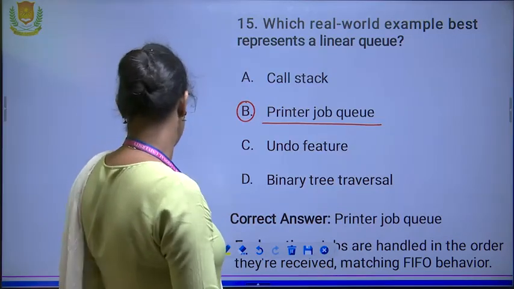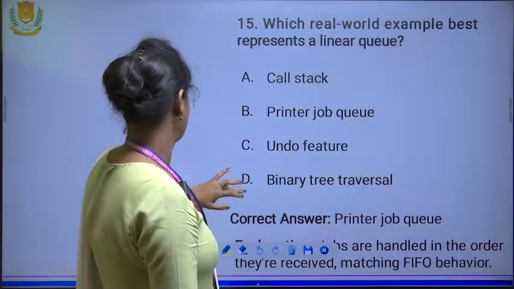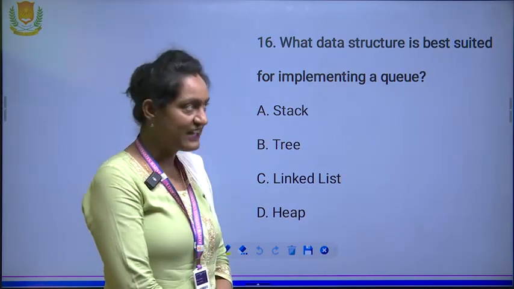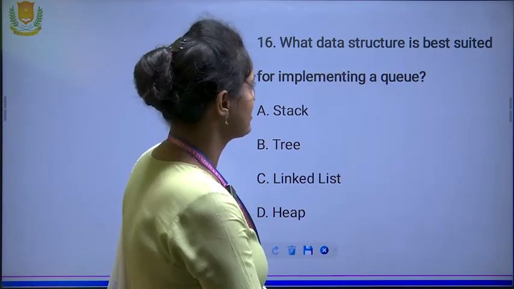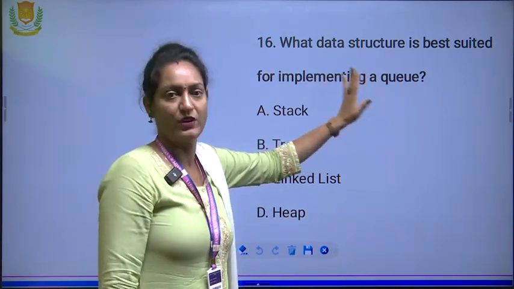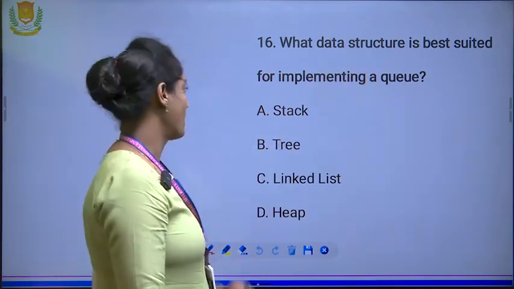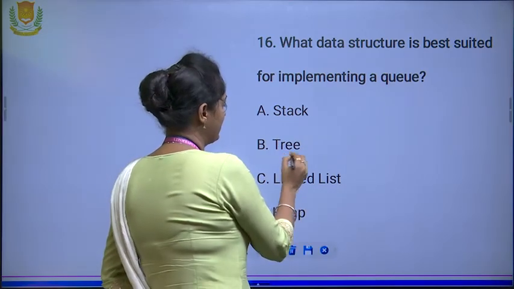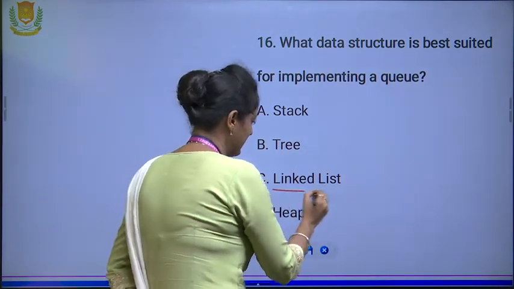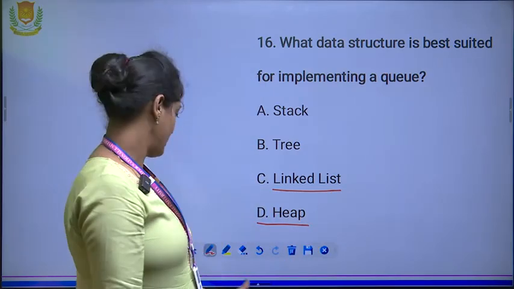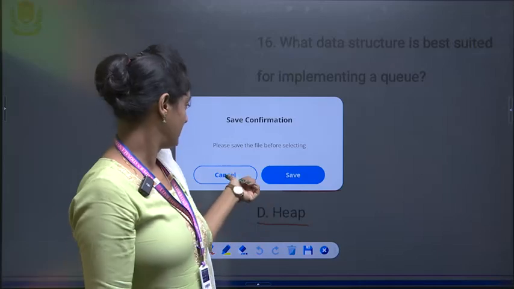Question number 16. What data structure is best suited for implementing a queue? The options are option A, stack, option B, tree, option C, linked list, and the last option is heap.